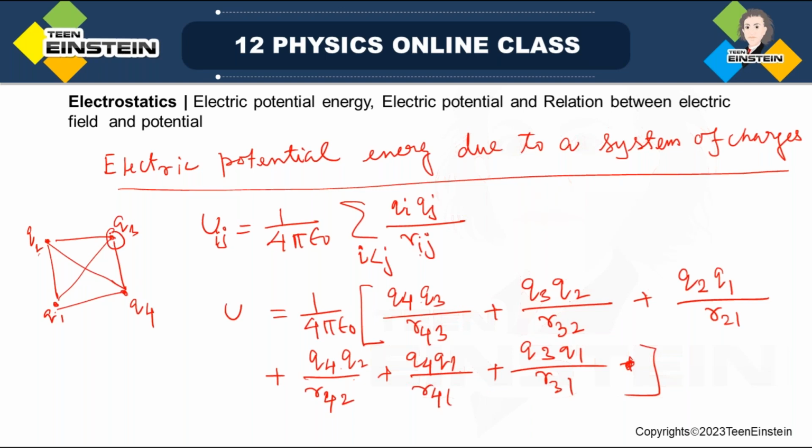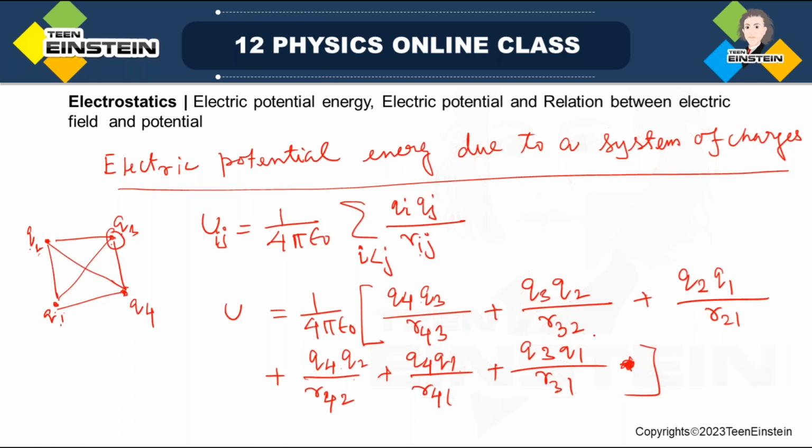That means Q3 can interact with 2, it can interact with 1, it can interact with 4. Then Q4 can interact with this, this, and this. But here I have taken all the charges positive. So you have to take the charges with their signs.